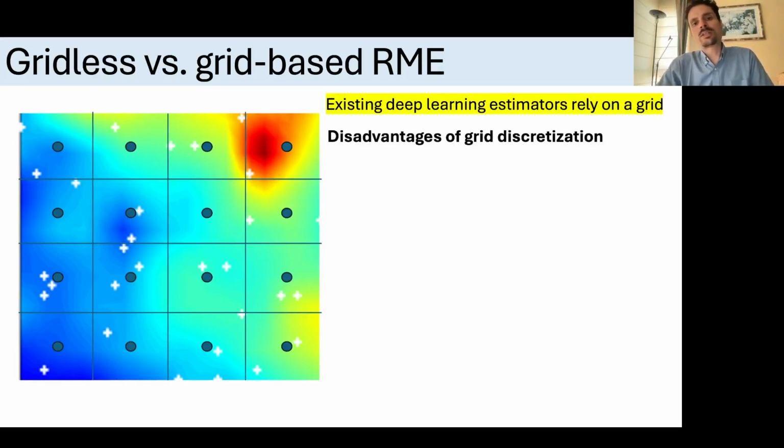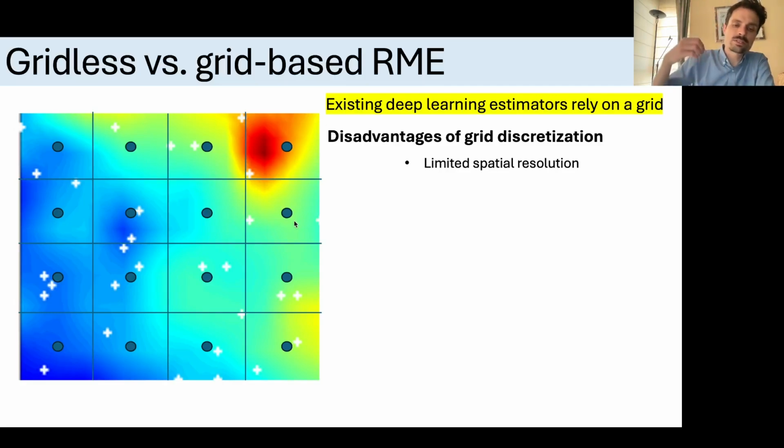Unfortunately, relying on a grid entails serious disadvantages. One of the most obvious is the limited spatial resolution. Note that the spatial resolution is determined by the grid spacing, which is the distance between adjacent grid points. Achieving a high spatial resolution requires a small grid spacing, but this will in turn require a potentially very large number of grid points.